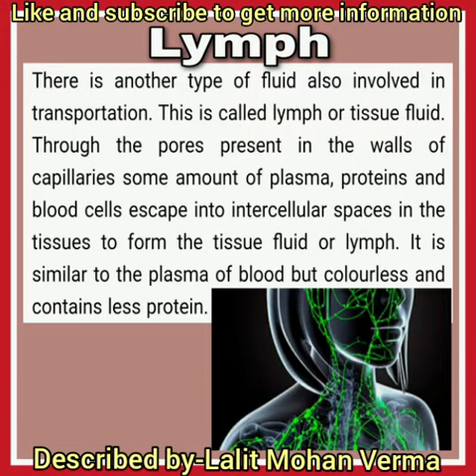Now lymph. Do you know? There is another type of fluid also involved in transportation. This is called lymph or tissue fluid. Through the pores present in the walls of the capillaries, some amount of plasma, proteins, and blood cells escape into the intercellular space in the tissue to form the tissue fluid, or you can say lymph.